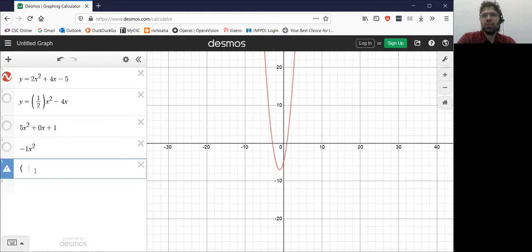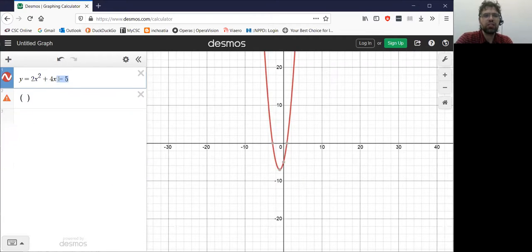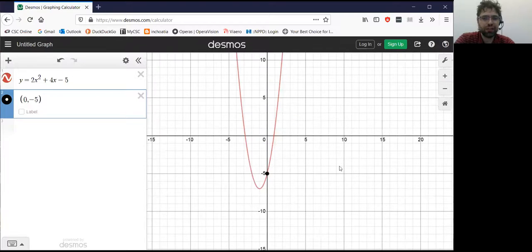And my claim is that the y-intercept of this parabola should be given by this last term. It should be (0, -5). And we take a look, and there indeed, that really is the y-coordinate.